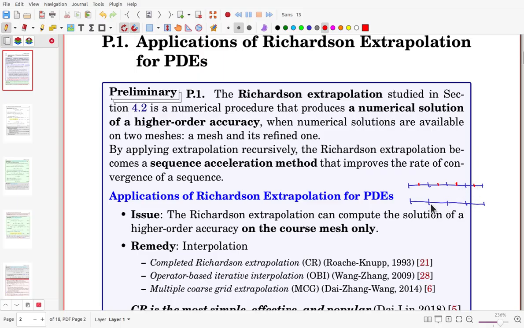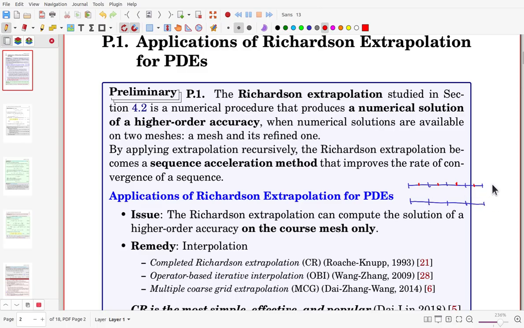Assume two numerical solutions are available on this mesh and the mesh defined one. Then the extrapolation is possible only at the grid points on the coarse mesh. And for those red points, there are no values available, so you cannot get the value over there.